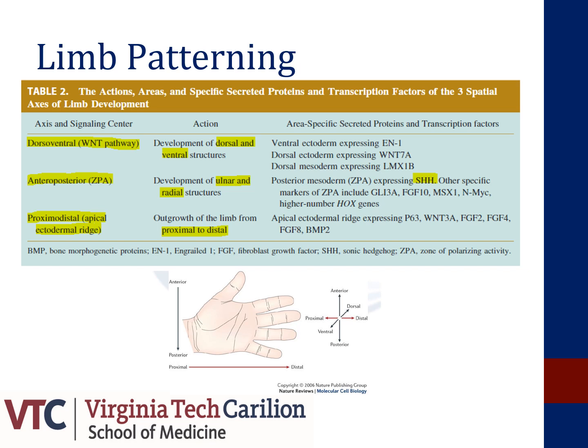The anterior to posterior type of growth, which in the hand refers more to radial to ulnar, is dictated by the zone of polarizing activity and the sonic hedgehog protein. Dorsal to ventral is largely guided by the wingless type with LMX1 pathway.